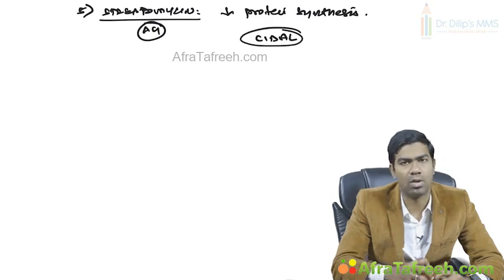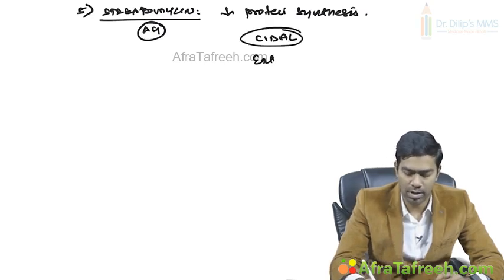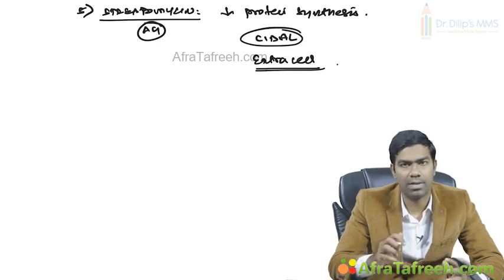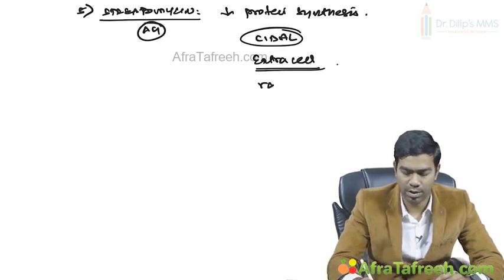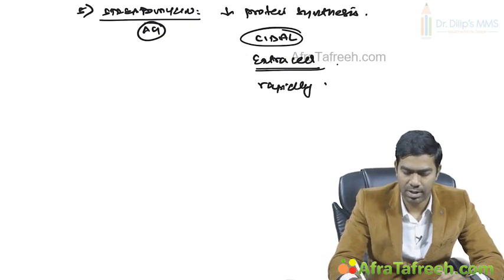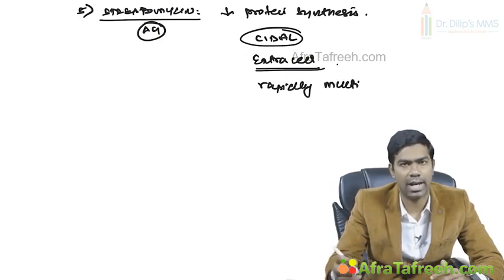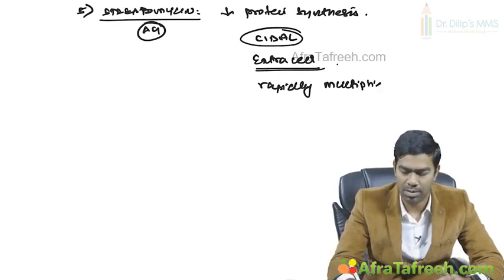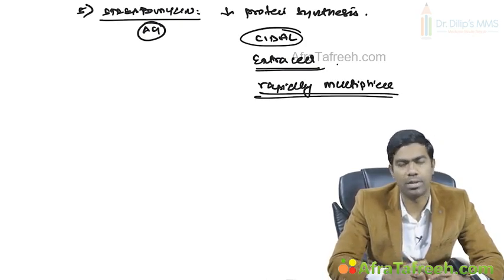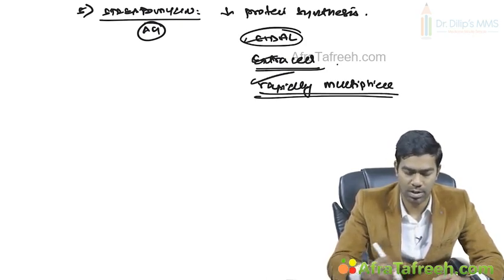Remember, this is a cidal drug, obviously, there is no doubt about that, and it's going to predominantly or typically act only on the extracellular bacteria. Clear? At the same time, this streptomycin is also going to act on the rapidly multiplying bacteria, even though it is not as effective, but to an extent it's effective for these rapid growing bacteria. So these are the 3 properties that you have to know.